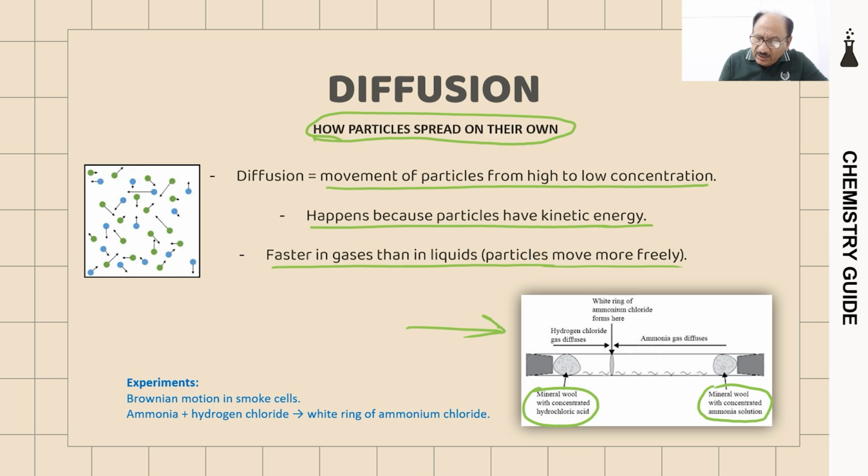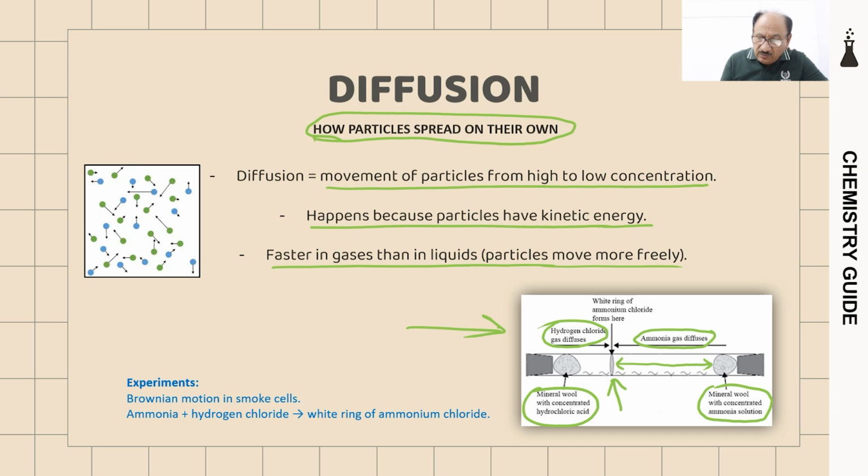Ammonia gas will diffuse to one side and hydrogen chloride gas will diffuse to the other, and a white ring of ammonium chloride will form in between. The distance moved by the ammonia gas molecules is more than that moved by the hydrogen chloride particles.